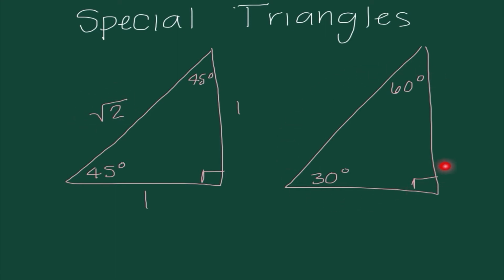My other special triangle is a 30-60-90 triangle. And opposite from 30 degrees it is 1, opposite from 60 degrees is radical 3, and my hypotenuse is 2. So once again, this is another triangle that I need to have memorized.